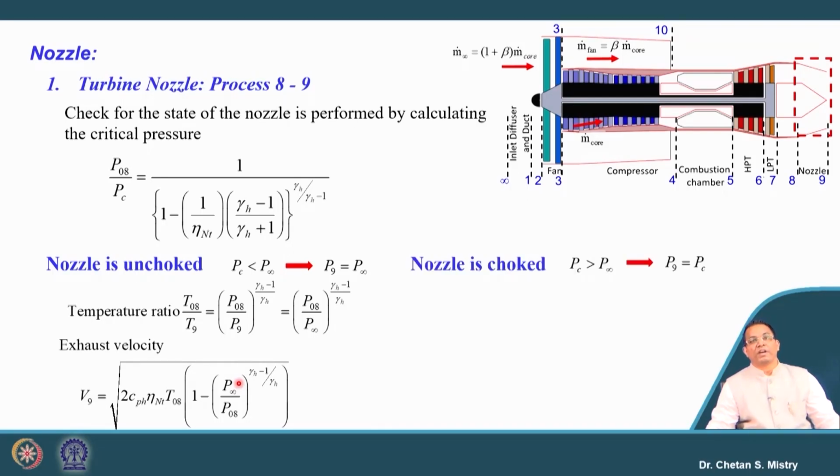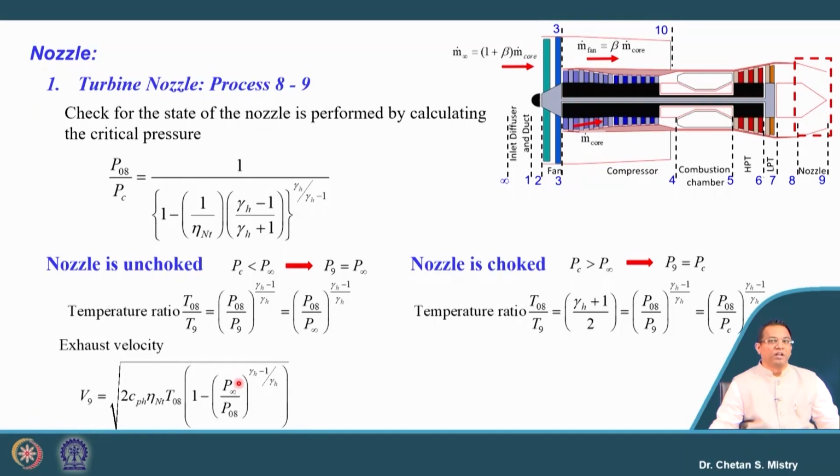Similarly, suppose if I consider the critical pressure is greater than the atmospheric pressure, under that condition we can say our nozzle is choked and exit pressure will be the critical pressure, and based on this we can do our calculation for the temperature ratio, the static temperature from the nozzle, and by that we will be calculating the exhaust velocity.